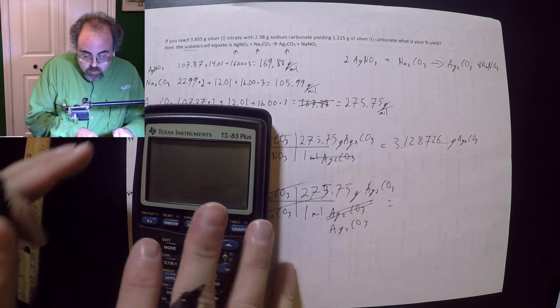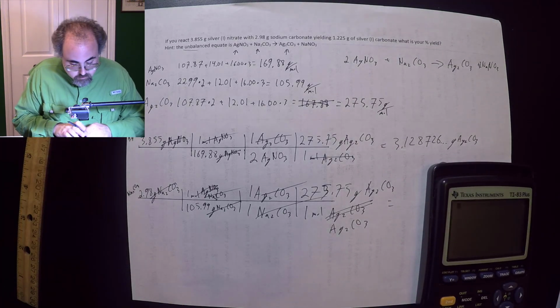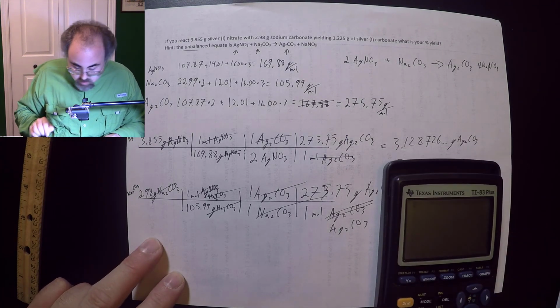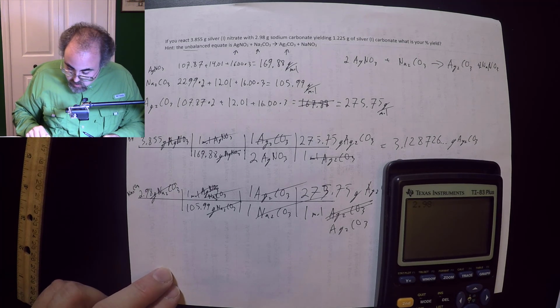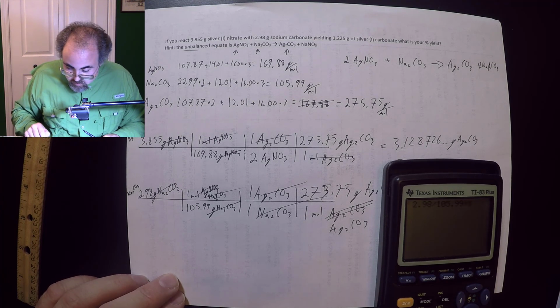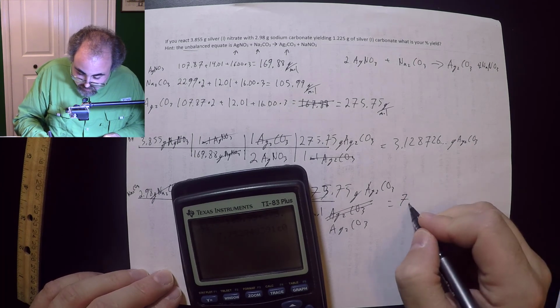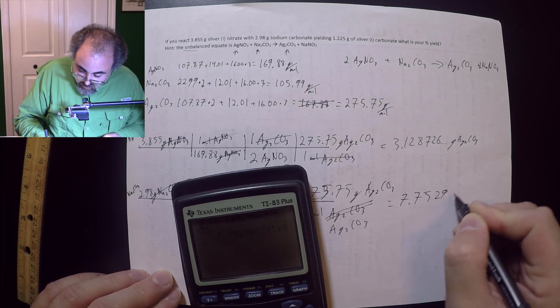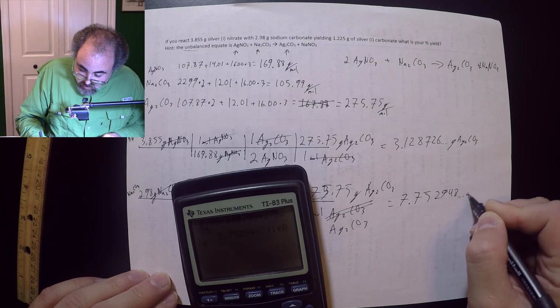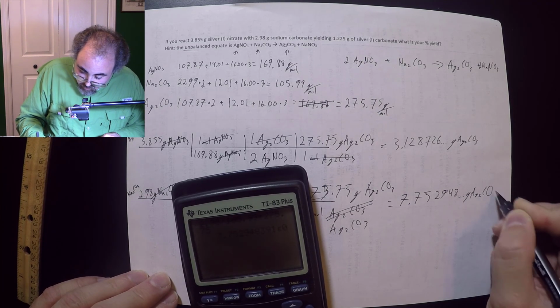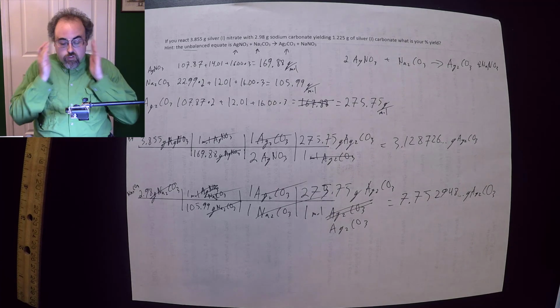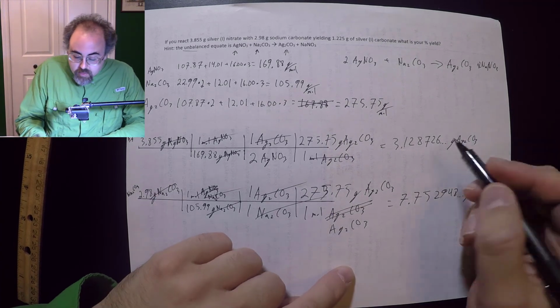And then the other one is going to give me 2.98 divided by 105.99 times 1 divided by 1 times 275.75. This one gives me 7.752948 grams Ag2CO3.